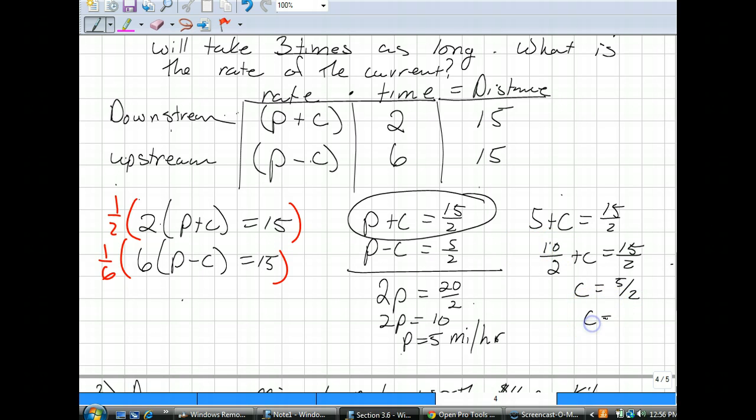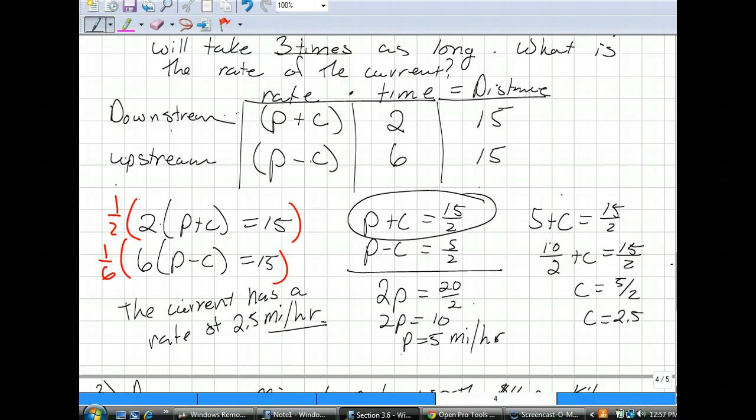And so I get C equals 2.5. So the answer, remember you have to always write a sentence answer. The complete answer is, let's say it this way, the current has a rate of 2.5 miles per hour. And you have to put the units in. It's very, very, very important.